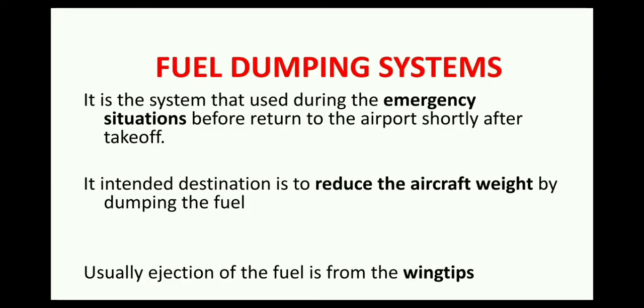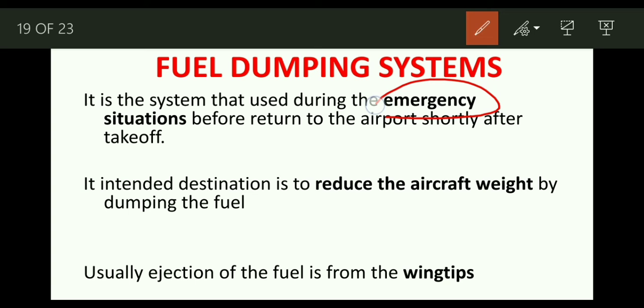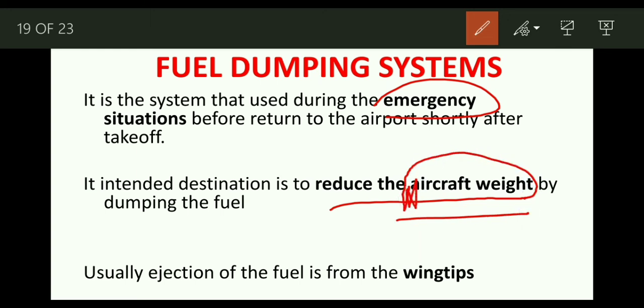After that, the fuel dumping system. It is a system that is used during an emergency situation before returning to the airport shortly after takeoff. The fuel dumping system is used only in emergency situations when emergencies occur during the flight. The main purpose of dumping the aircraft fuel is to reduce the aircraft weight.